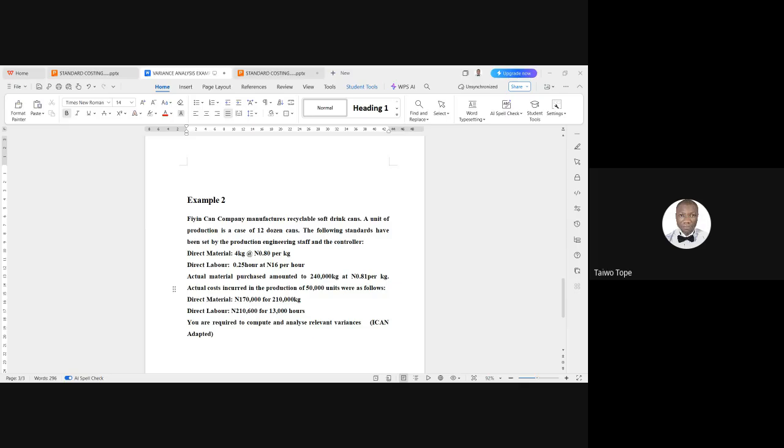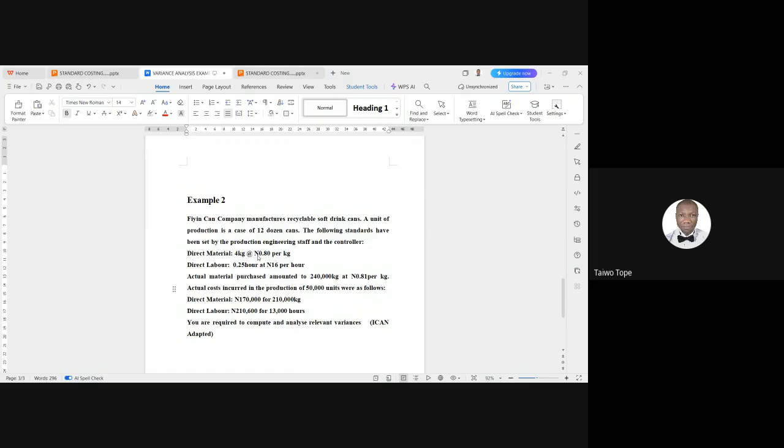Fee Can company manufactures recyclable soft drink cans. The unit of production is a case of 12 dozen cans. It means a unit of production constitutes 12 dozen cans. The following standards have been set by the production engineering staff and the controller.